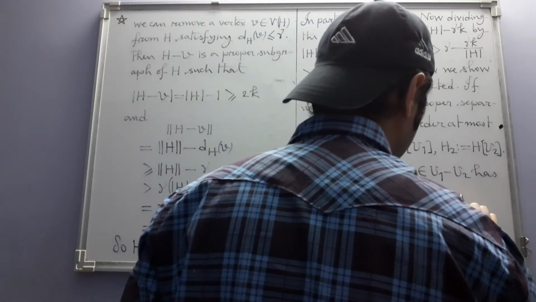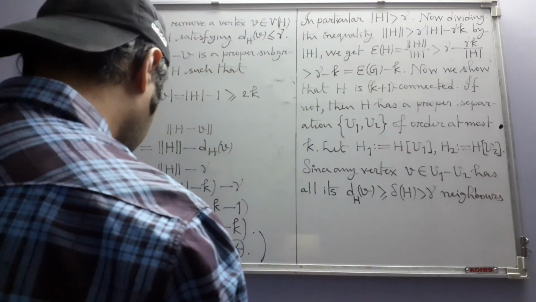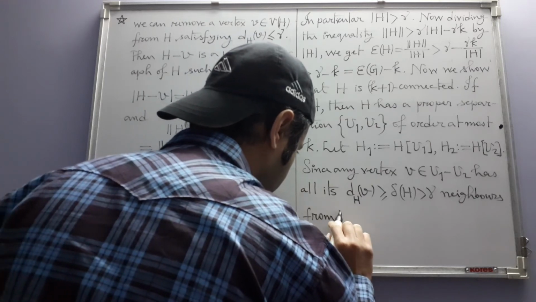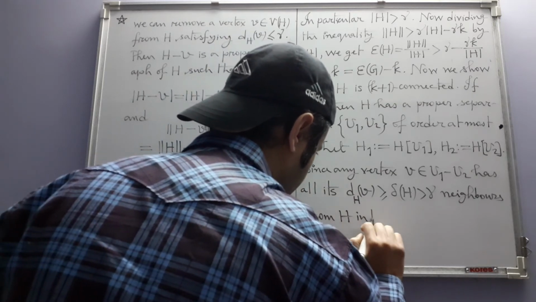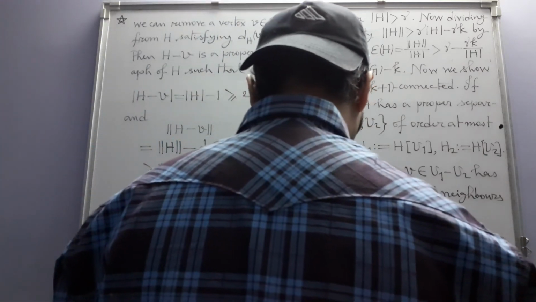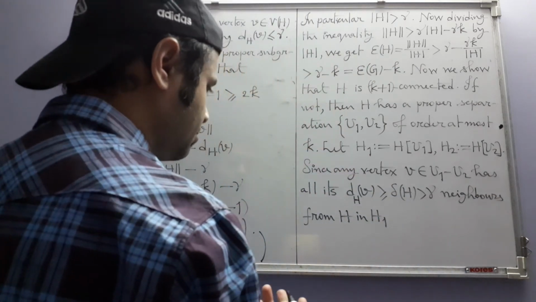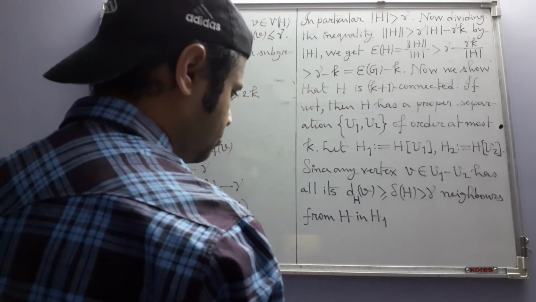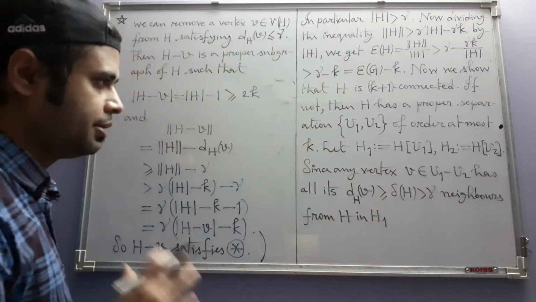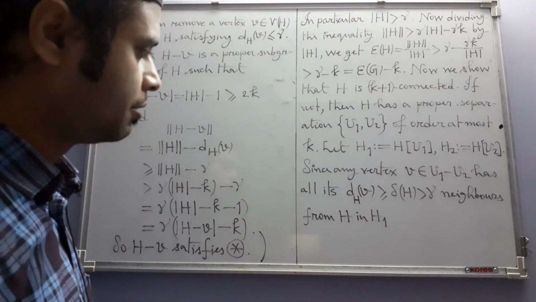This many neighbors from H in H1. It has all its neighbors from H in H1, naturally, because H1 is the induced subgraph of H induced by U1.